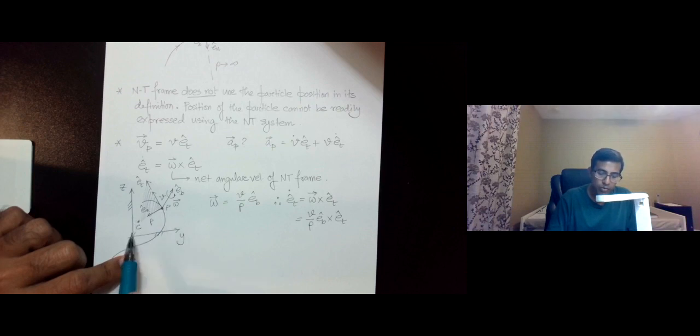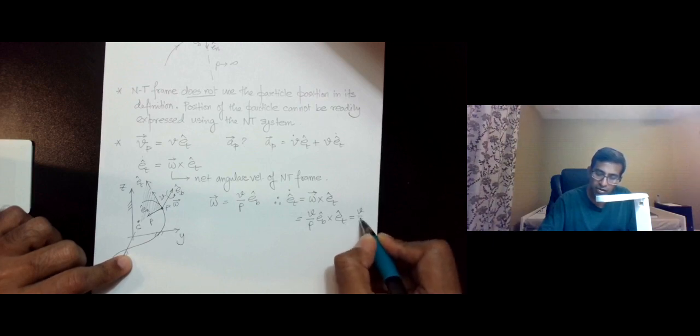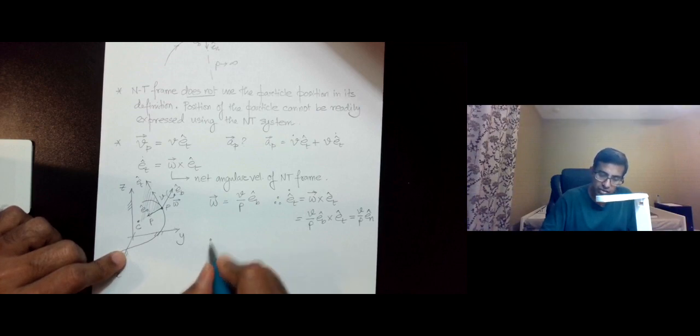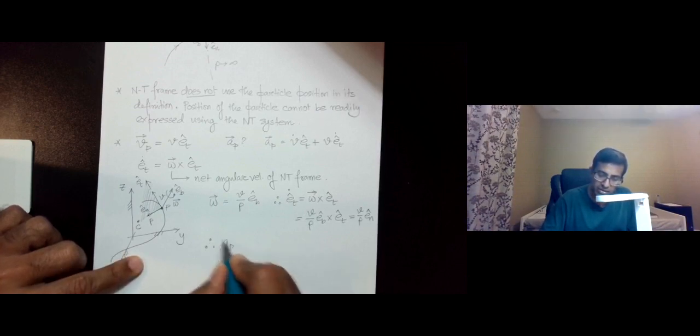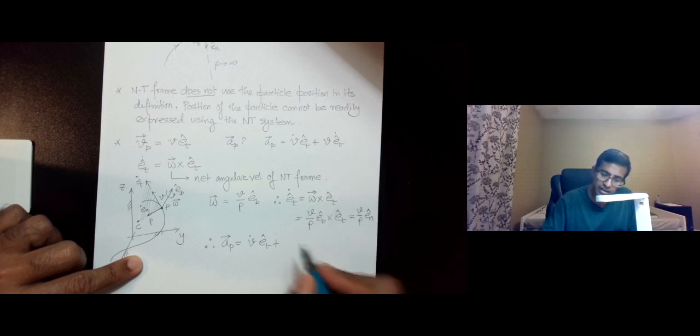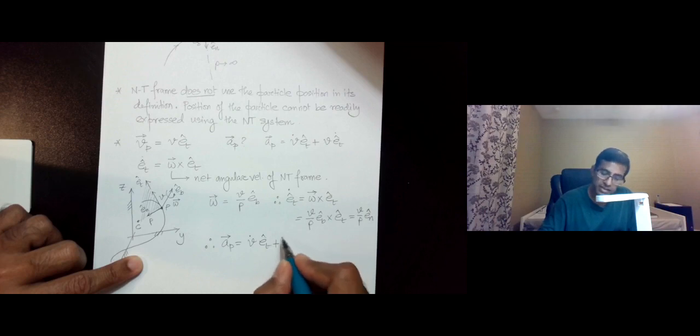Now our right-handed coordinate frame says that eb cross et is en, so this is v over rho en. So therefore the acceleration of the point P is given by v dot et plus v times et dot, so it is v squared over rho en.